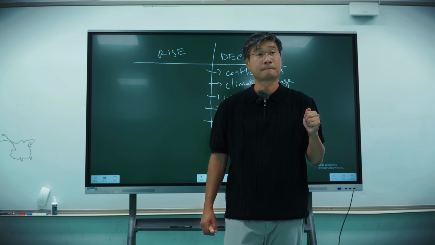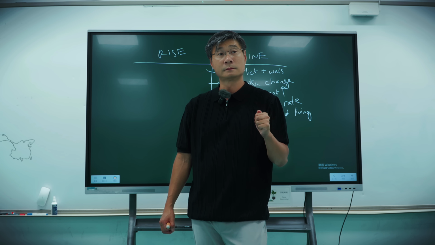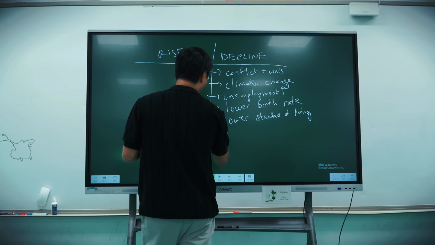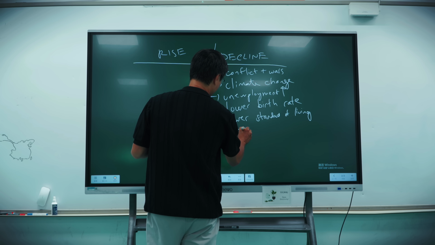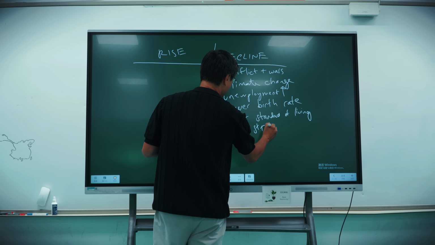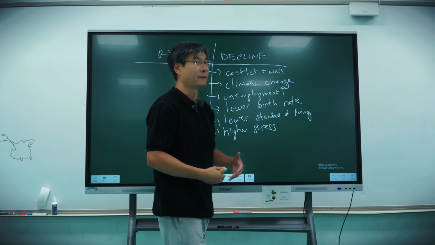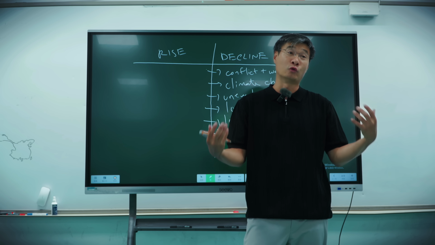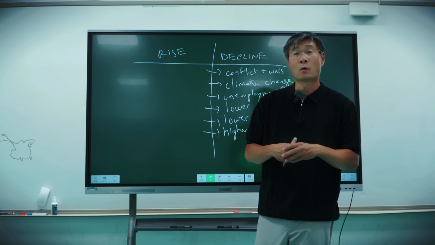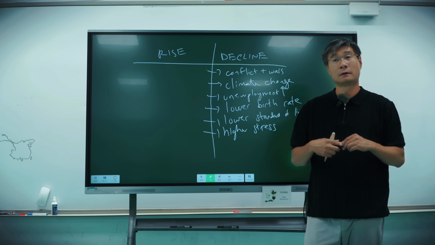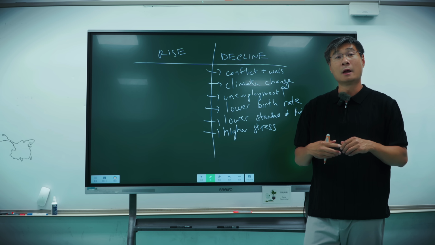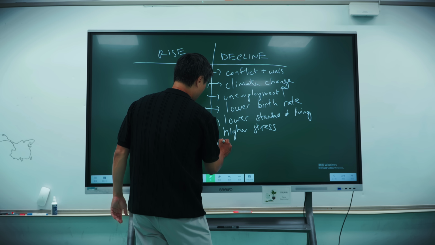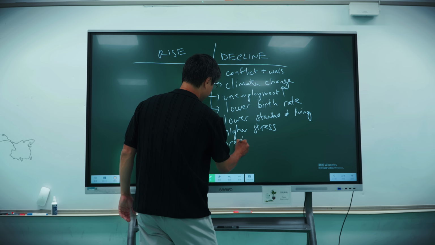Health issues like diabetes or high blood pressure. Okay, you also see higher stress, right? People feel more anxious, people feel more depressed, people feel more stressed. Emotionally, they feel drained. Okay, what else? Okay, people are less optimistic, right? Okay, greater pessimism.